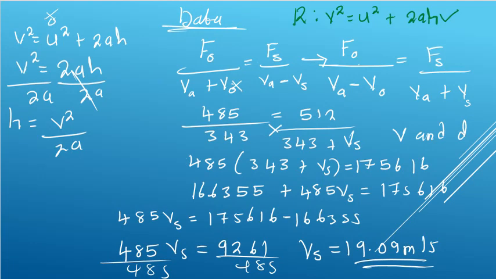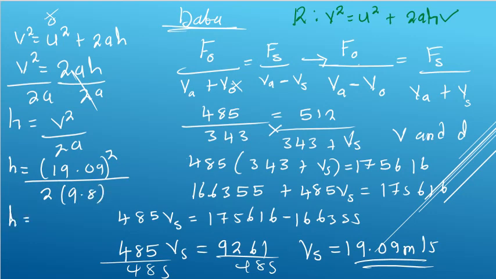Now h, we have our v is 19.09 to the power 2 over 2, remember the acceleration was given, it was 9.8.